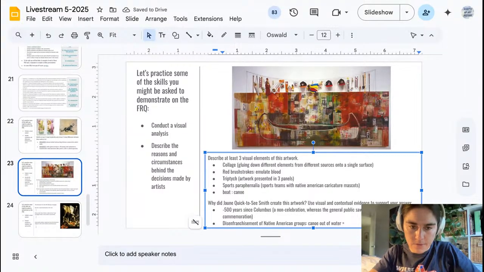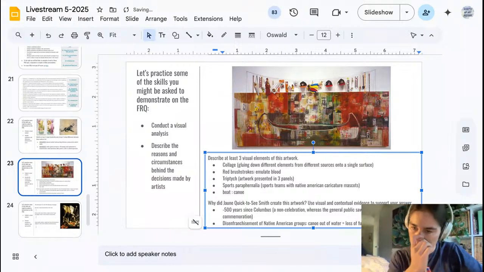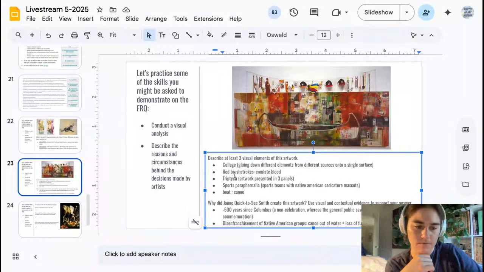Canoe out of water equals loss of function and agency, right? Yeah, and you can remember the date as 1992 because it's 500 years since 1492. Excellent.